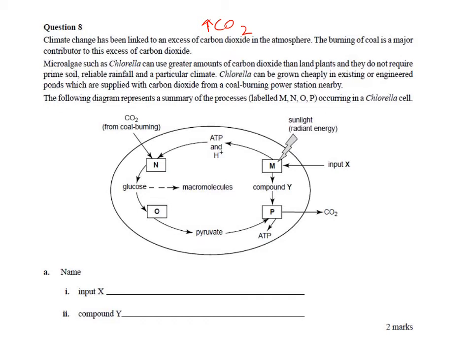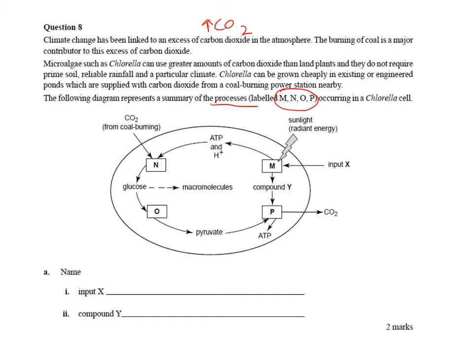Now, let's take a minute to actually annotate this picture, because it'll help you narrow down what's going on. So it says here that M, N, O, and P are processes. Okay, so they're not structures, they are processes that are occurring. So what we want to do is figure out which ones they are. So it says we've got an input here of sunlight.